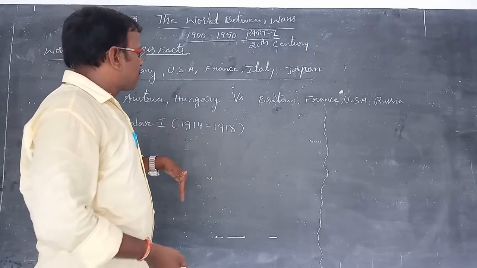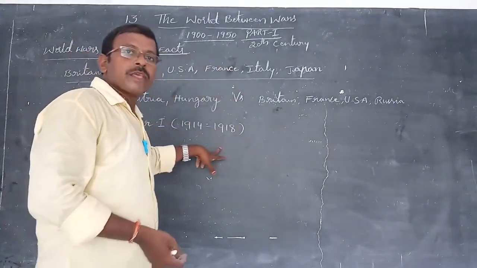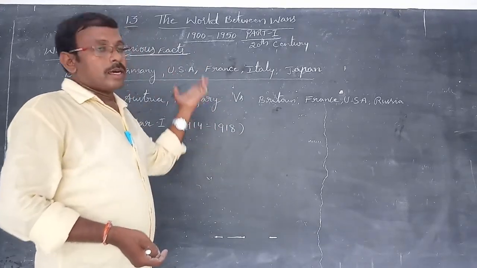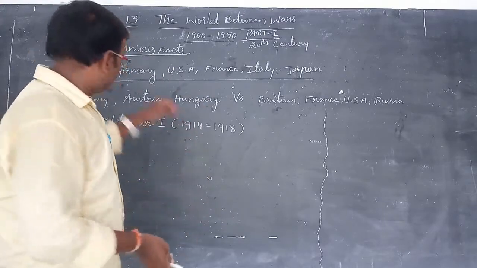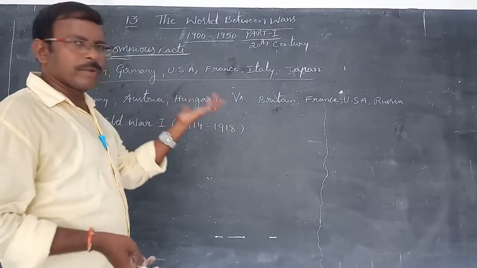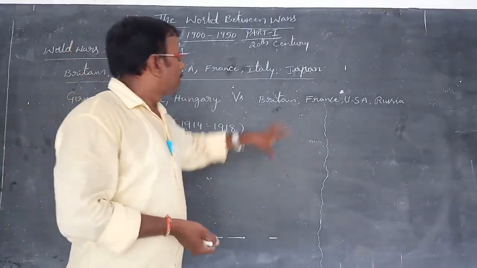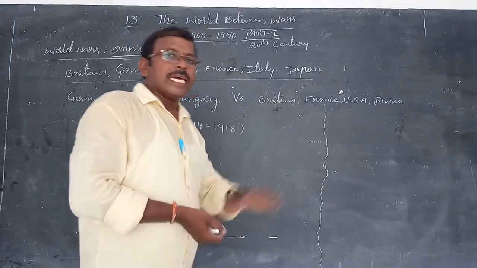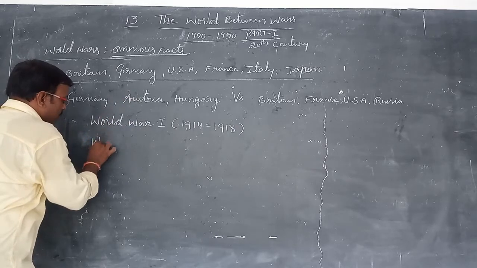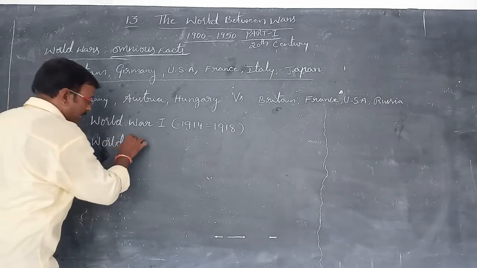After that, because of political reasons and problems based on the First World War, the Second World War started. In the First World War, Germany and its group were defeated, and the other group won. The Second World War started because some countries had problems after the First World War.